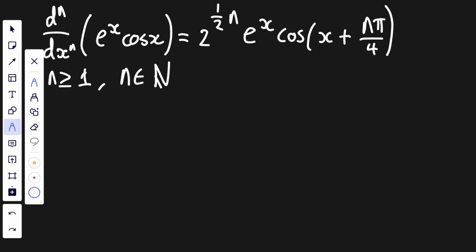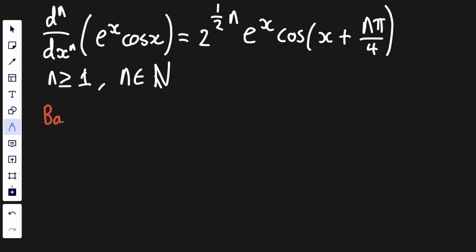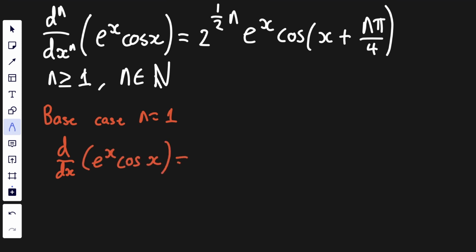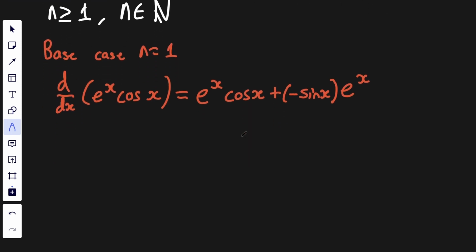So first of all, let's do the base case. n equals 1. So we've got the first derivative of e to the x cos x. Well, by product rule, this is the derivative of e to the x, which is e to the x, multiplied by the other function, plus the derivative of the other function, which is minus sine x, multiplied by the function that we didn't differentiate.